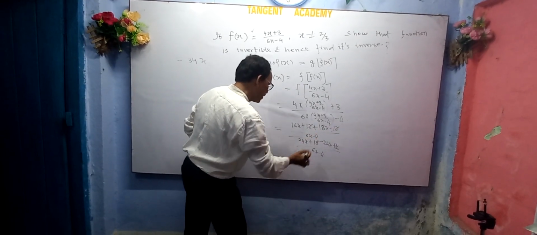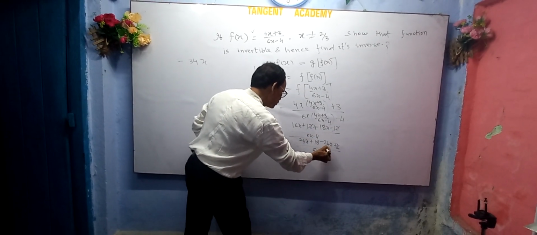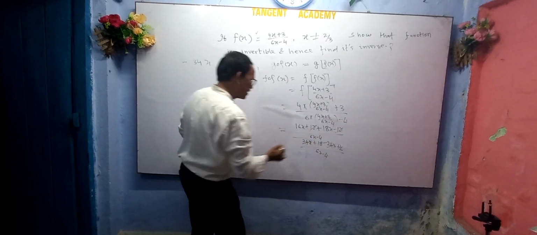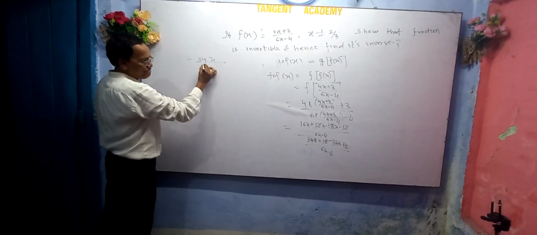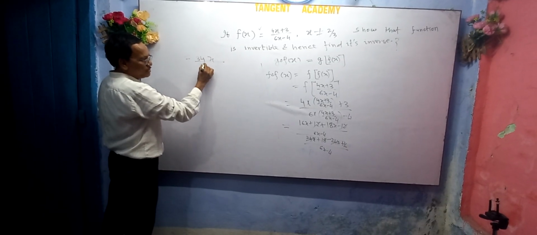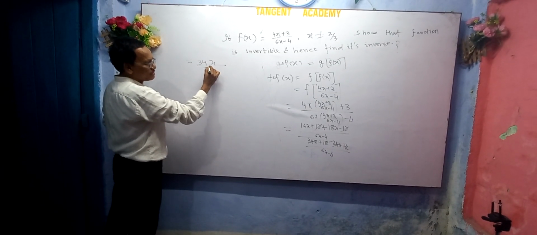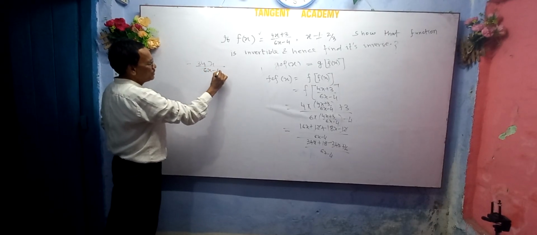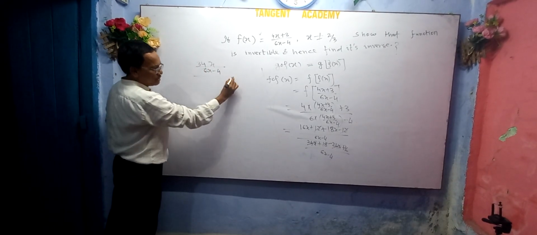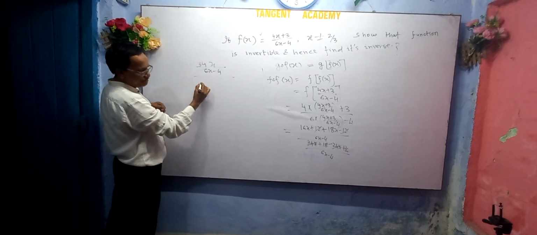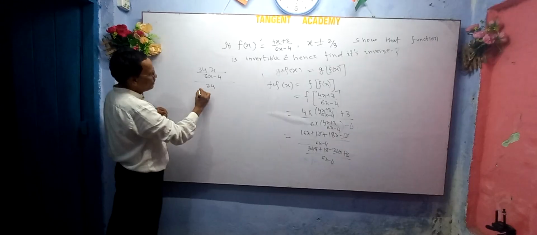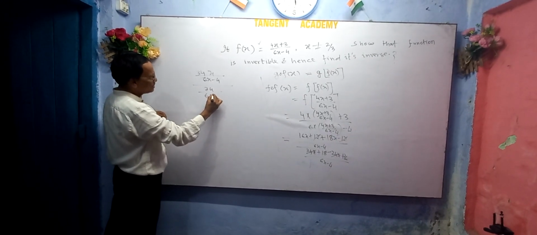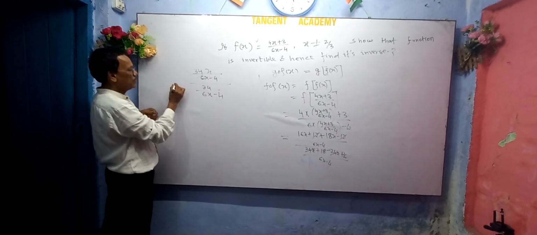Minus 12 plus 12 cancel, minus 24 plus 24 cancel, divided by (6x minus 4), divided by 34 divided by (6x minus 4).